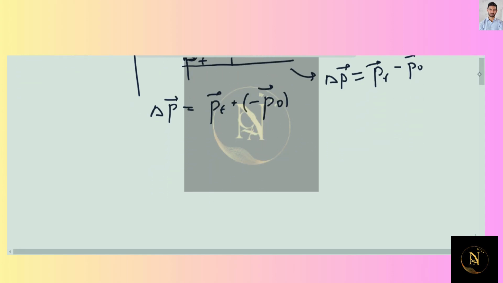So let's redraw these vectors. Again, this is Y, this is X. The final impulse of the ball is this one at 45 degree, and negative initial impulse of the ball is this one also at 45 degree.